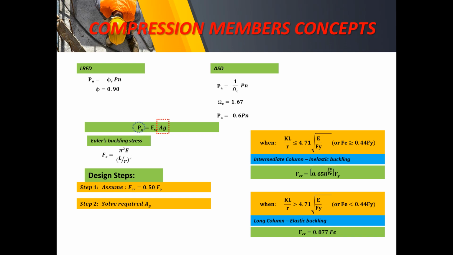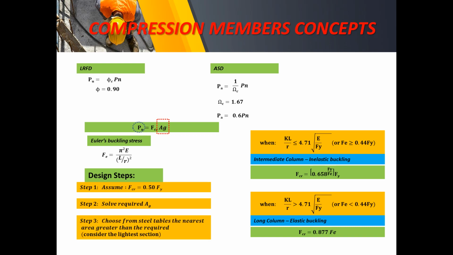From that assumption, Fcr equal to 0.5 Fy, we can already calculate right away the required Ag, because Pu or Pn will be given in this case.